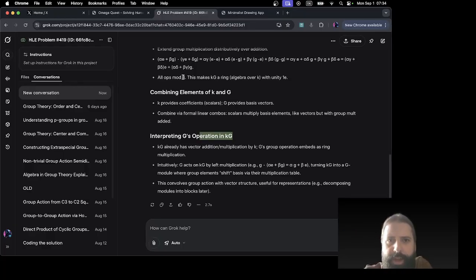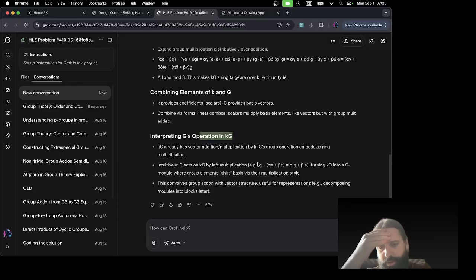I think it just defines what things like G times G mean. Because that breaks a bit my concept that this addition and multiplication is kind of like, I don't know what to call it.